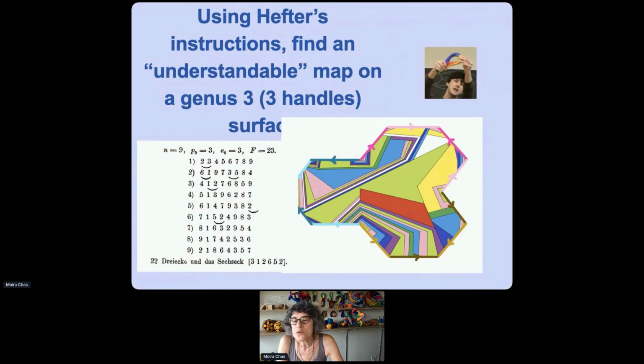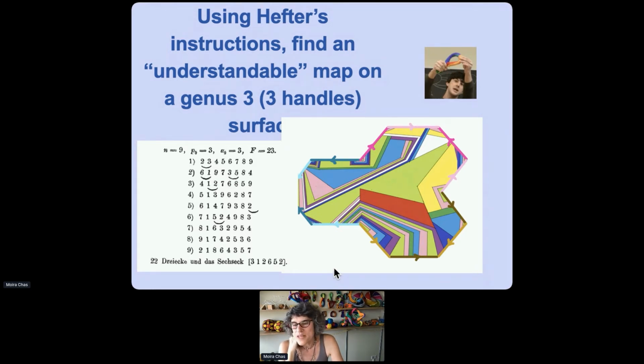And then I have a student, and there was this algorithm, a very old paper from Heffter, which described combinatorially how to do it. And I thought, well, maybe we can really find a way to make a nice map on the surface with 3 handles, a triple torus or genus 3 surface, so we can understand it. So let's try to make something. And he programmed, and this is the map we got.